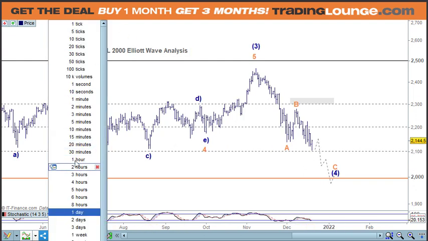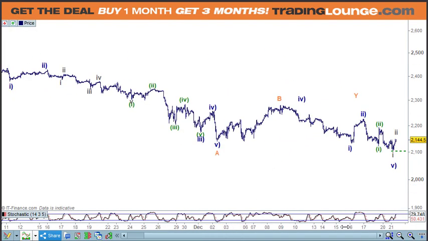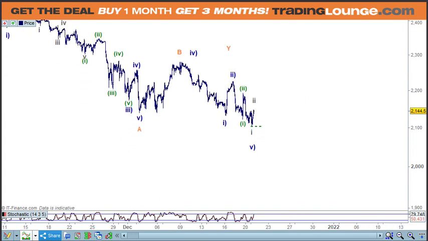If we go to the hourly chart and take a look at this, we don't need to worry about that and that, but if we consider this wave B, which was a little bit low but is probably the best fit, and then look at this as 1 and 2, and 1 and 2, and 1 and 2 here, so we can short below, making a new low here.